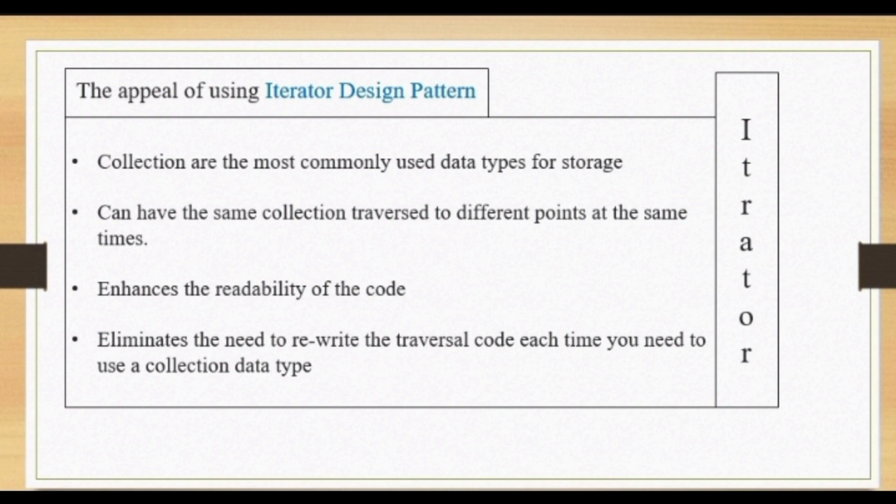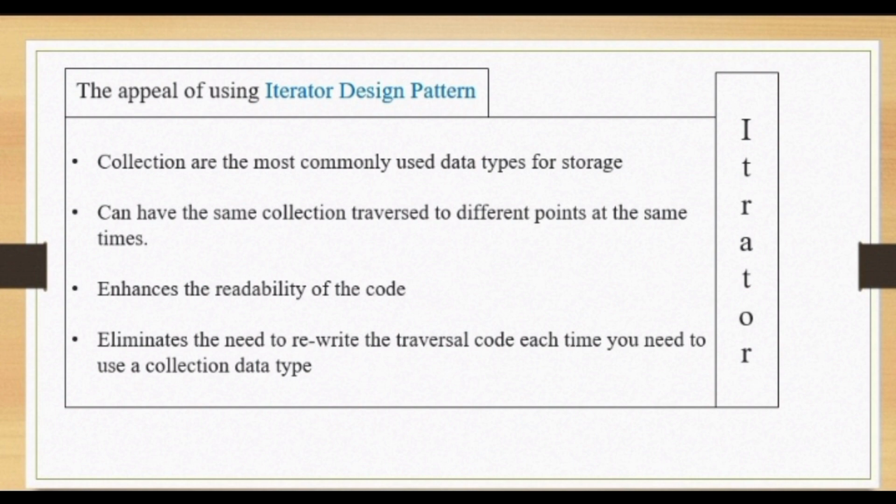Now that we have talked about what an iterator is, let's talk about why we needed iterator design patterns. Firstly, the collection data types, the arrays, the lists, the queues, etc., are the most commonly used data types in programming. So naturally, something that makes them easier to use is greatly important.